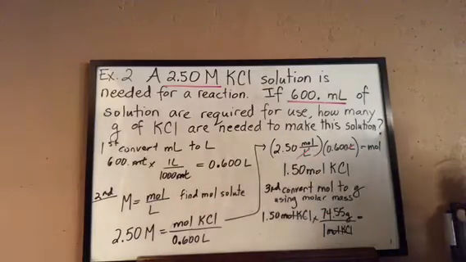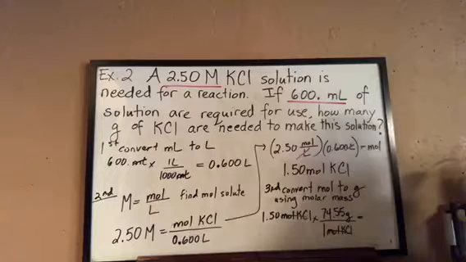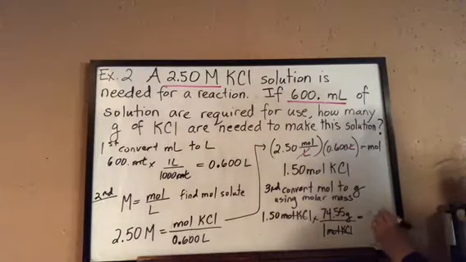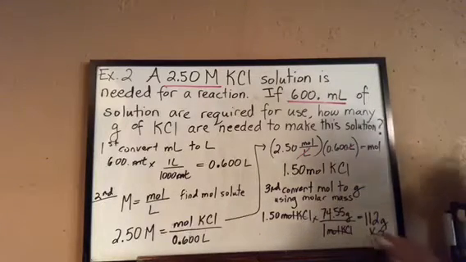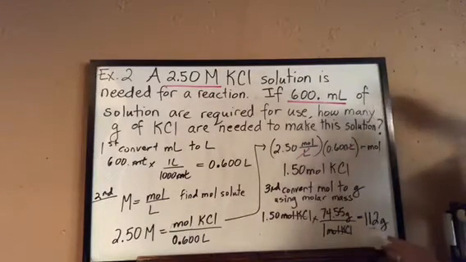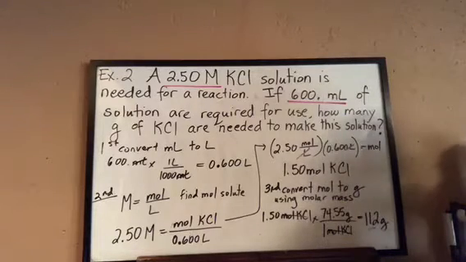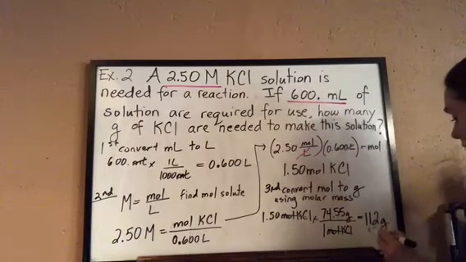So we have 1.50 times 74.55. You do that and you get 112 grams of potassium chloride, if you follow significant figures. Okay, so you would measure out this amount of potassium chloride.